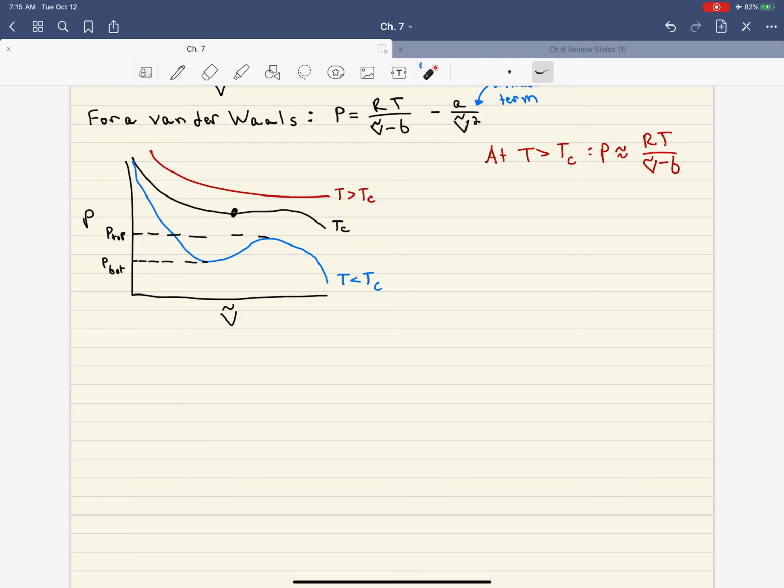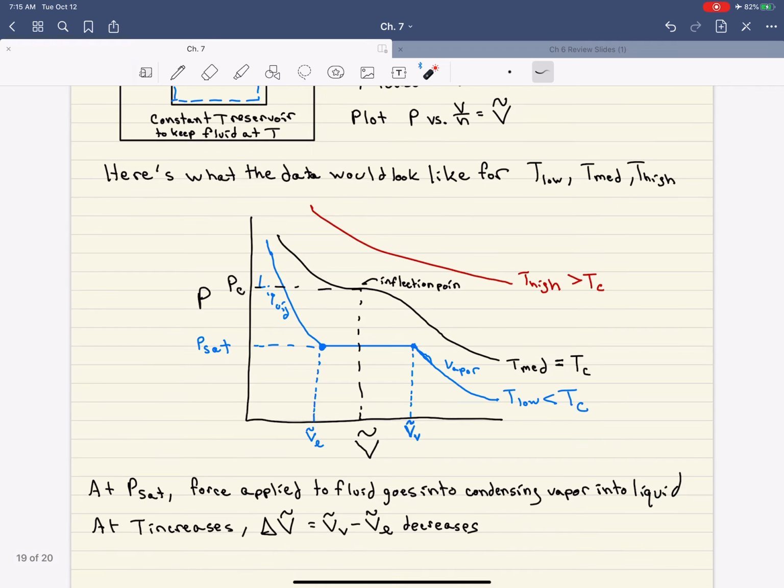And between P top and P bottom, in this pressure range here, we see that there are multiple pressure values which correspond to different molar volumes as well. If we go back to the experimental data, that's what we would want to see: some sort of pressure that corresponds to two different volume values.